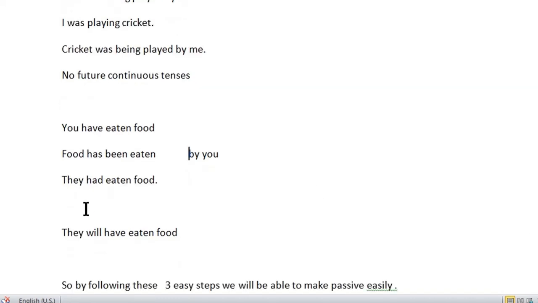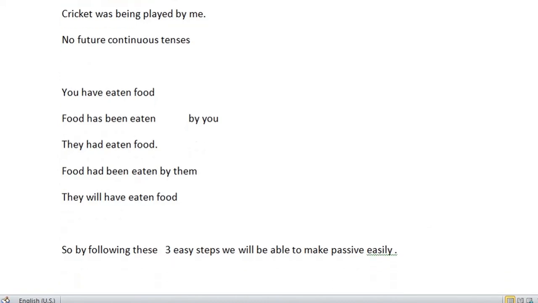Next one we have is the past perfect. It's so easy, we just have to add "been" to it, and we don't have to look at singular or plural. So food on the left side, had been eaten by, and "they" will change into "them".